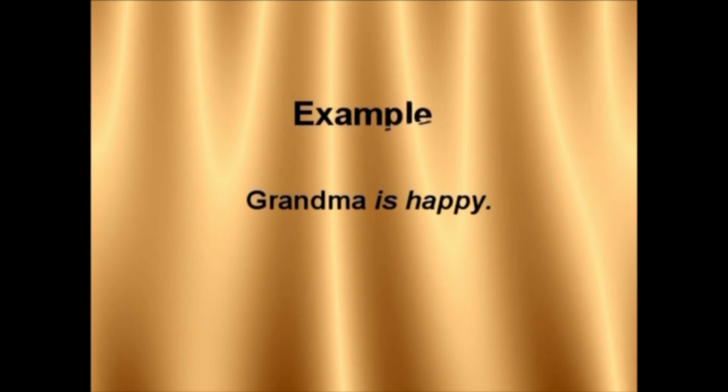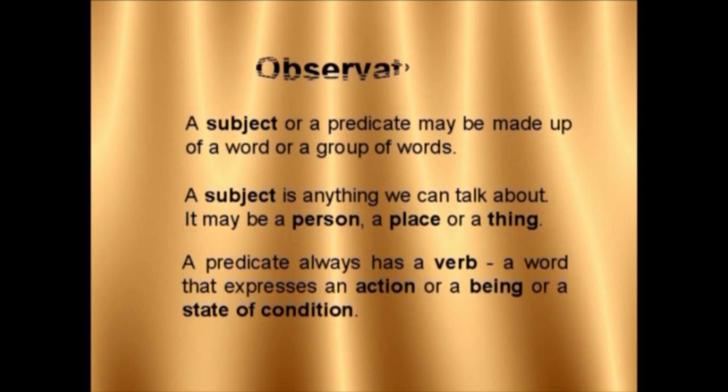Let's have one more example. Grandma is happy. Now you can easily tell that grandma is the subject and the predicate is happy. You'll observe in the examples we have studied that a subject or a predicate may be made up of a word or a group of words.